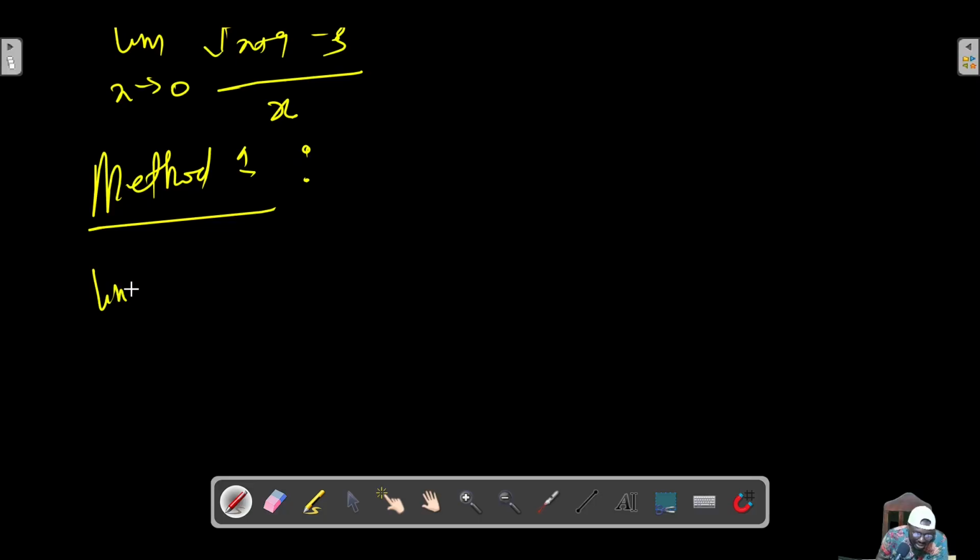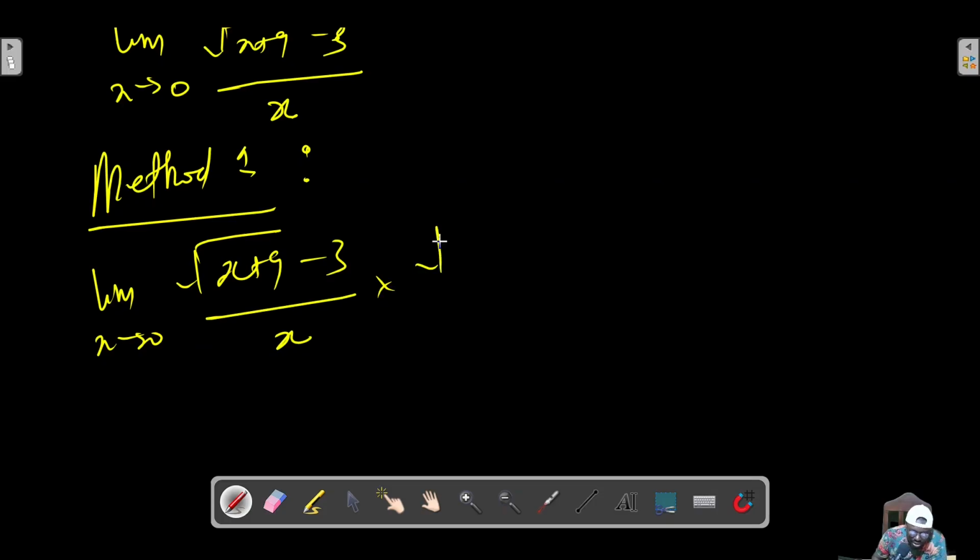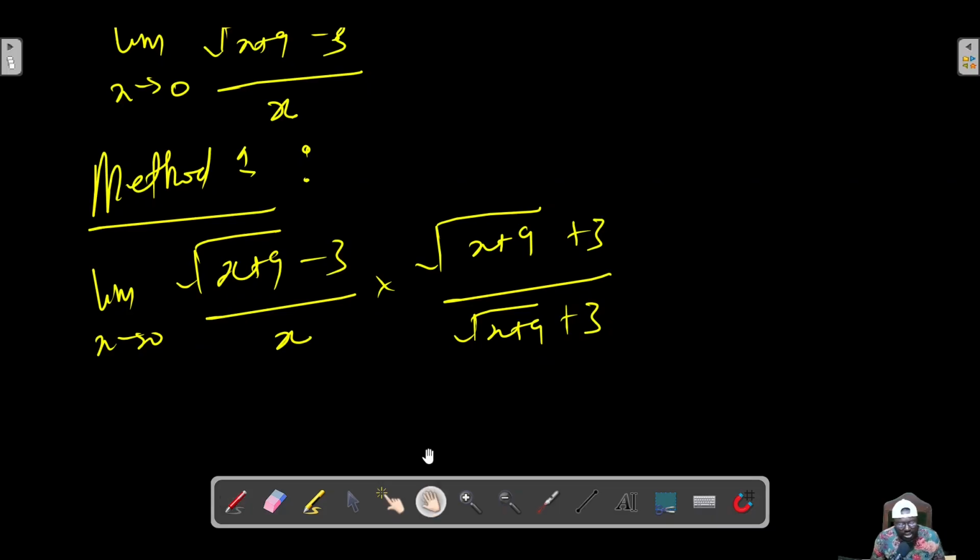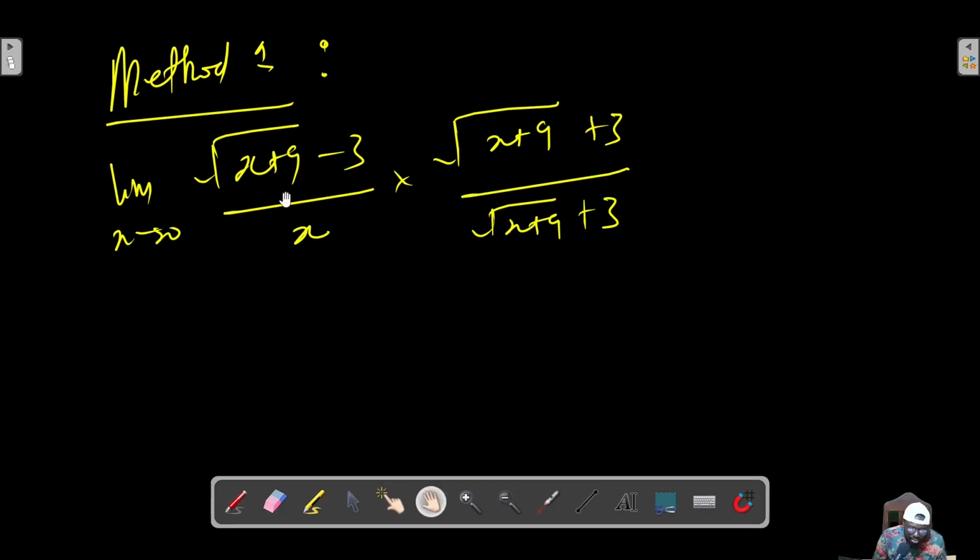We know how to rationalize from high school, right? So you multiply both the numerator and the denominator by the conjugate pair. Now the product of these two is actually the difference of two squares.